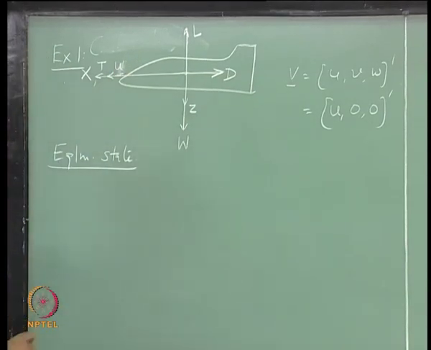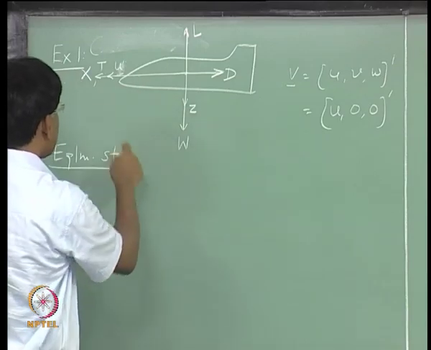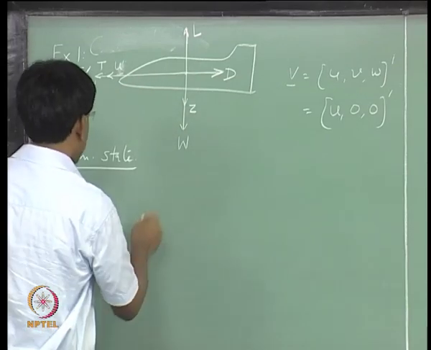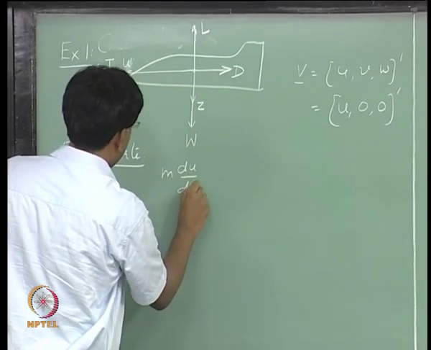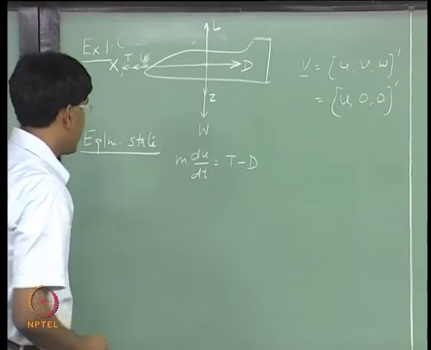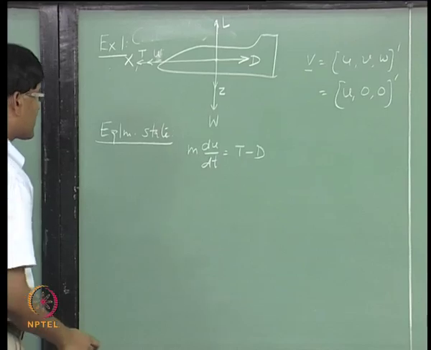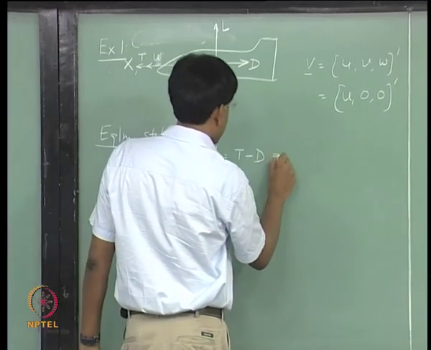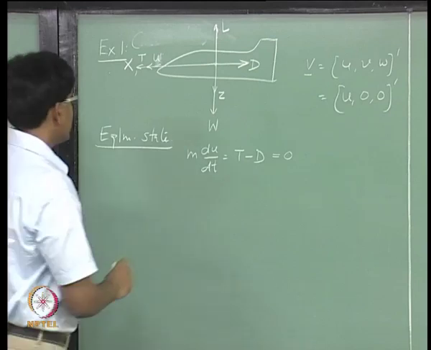If you write down the balance of forces in the x and z direction, what you get is this, and this change in u with respect to time we have to set to 0 to find the equilibrium condition.